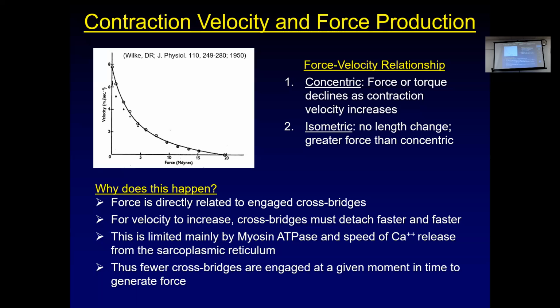Dr. Mike will do that in exercise physiology class. But what I want you to know is that the faster you need to move something, if you need to sprint, the less force you're able to generate as a percentage of your total maximum.